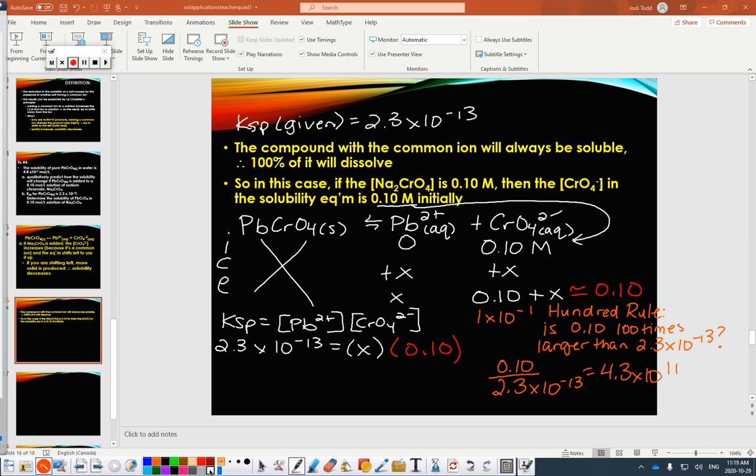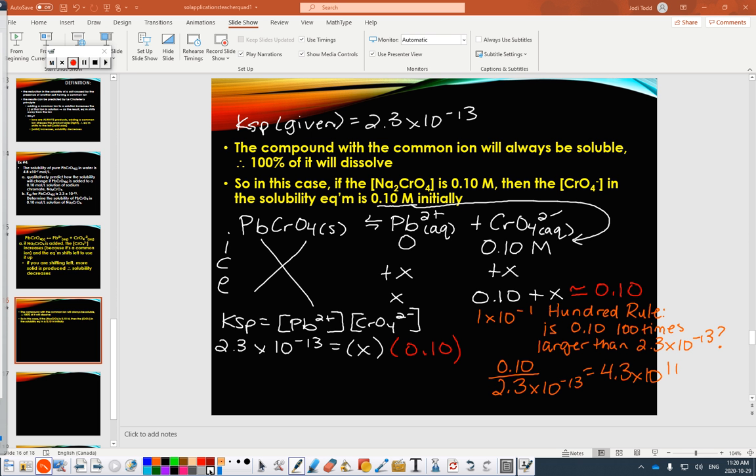Here, is 0.1, 100 times larger than 2.3 times 10 to the negative 13, question mark.